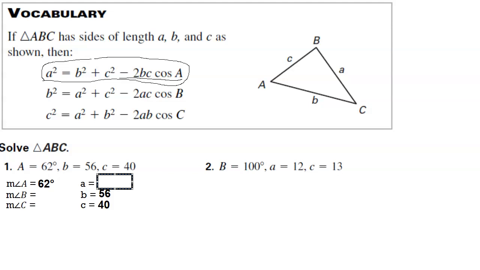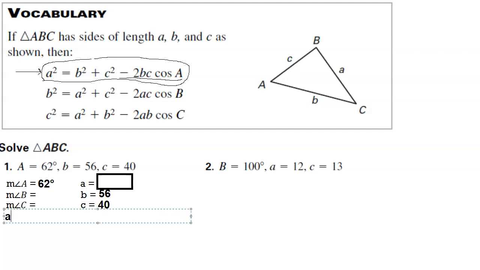Now, if we want to know side A, it means we should use the first version of the law of cosines, because that is the one that has the a squared equals part. Now, you're going to be really intimidated when you begin this problem, because if we try to set it up, it's going to look ridiculous.